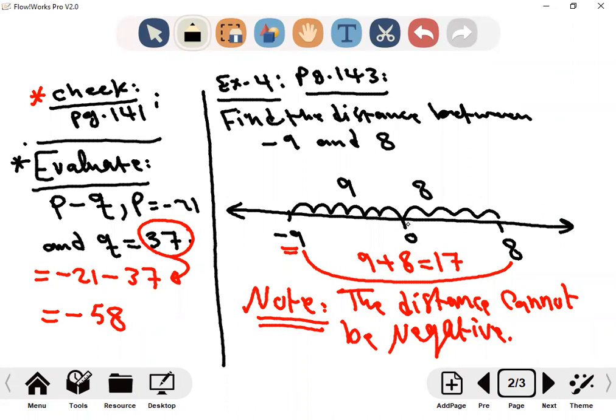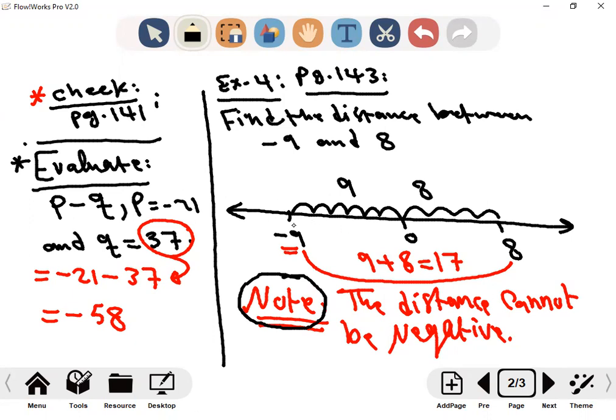No, from 9 to 0 is 9. It is -9 here. I will ask you again, please focus. What is the distance between -9 and 0? Read this note. See the note? The distance cannot be negative.